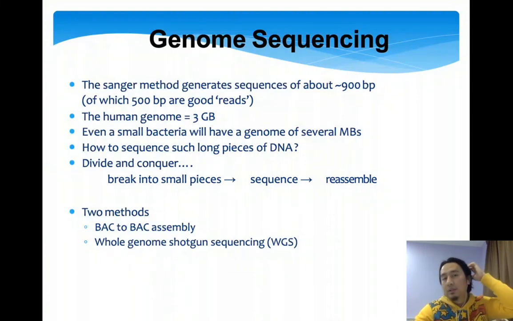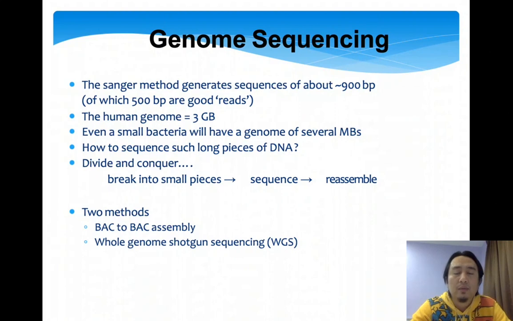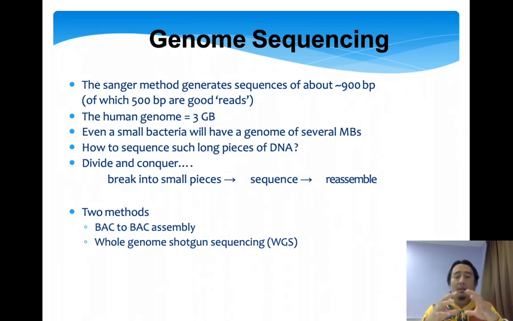Okay. So the Sanger method generates a sequence of about 900 base pair, of which 500 base pair are good to read. Okay, so in the Sanger method usually the maximum stretch that DNA polymerase can go forward and reverse is only about 900 base pair. So reverse 900, forward 900. So in between they align, they will cross over.